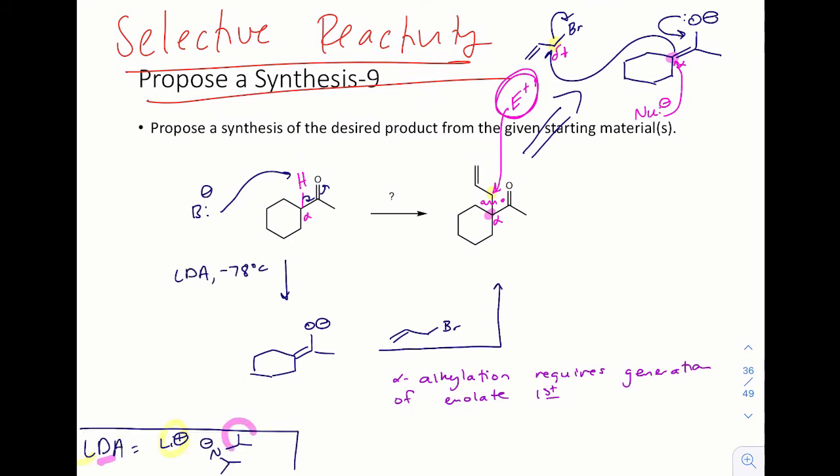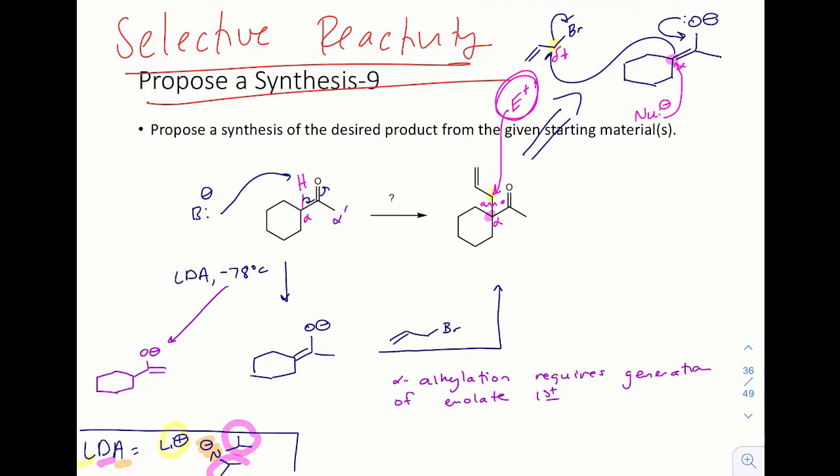Usually, lithium diisopropyl amide would deprotonate the less substituted alpha carbon. In this case, we'll call that alpha prime. So typically, lithium diisopropylamide deprotonates the less substituted alpha carbon rather than what is desired here.